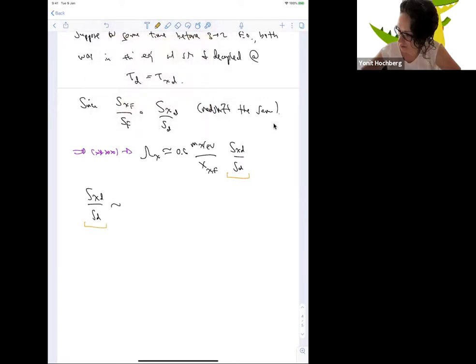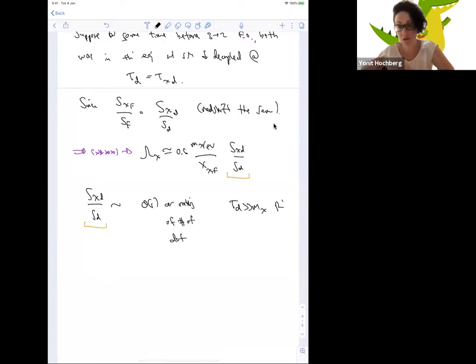Okay, so if we're talking about T decoupling being much larger than M chi, so if the particles are relativistic, then this is some order 1 number, or maybe more accurately, it's ratios of number of degrees of freedom, which maybe you can make to be large, okay? But what happens if it's non-relativistic?